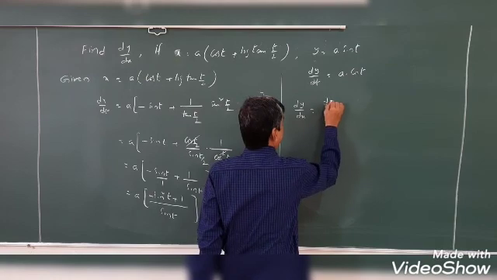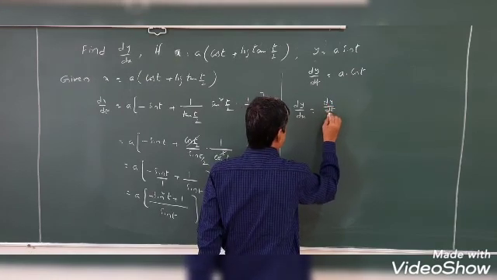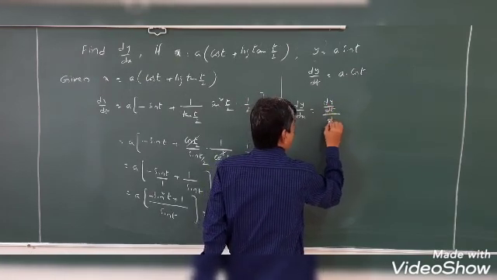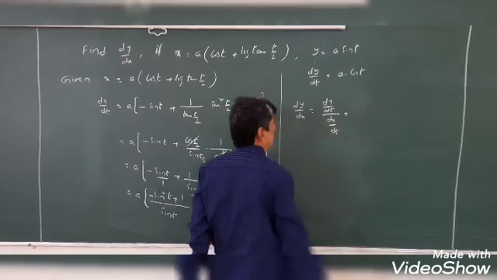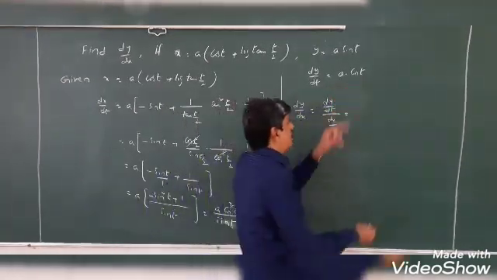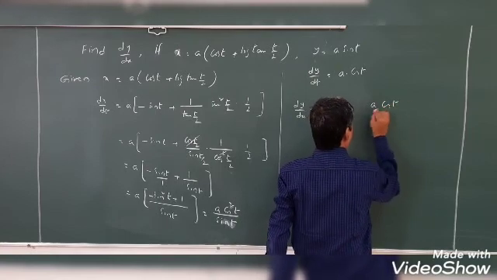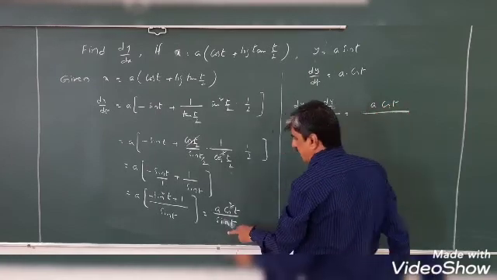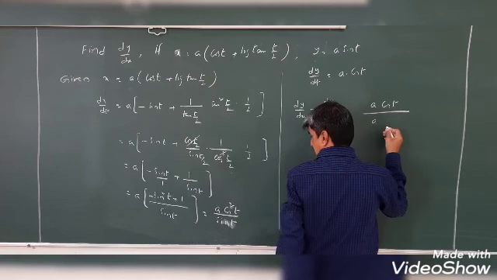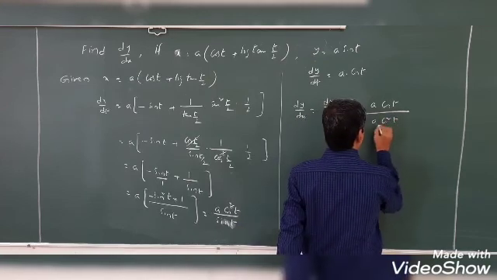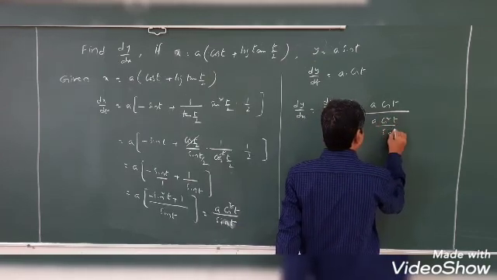So dy by dx, we will write it as dy by dt by dx by dt. So dy by dt is a cos t, by dx by dt, which is nothing but a cos square t by sin t.